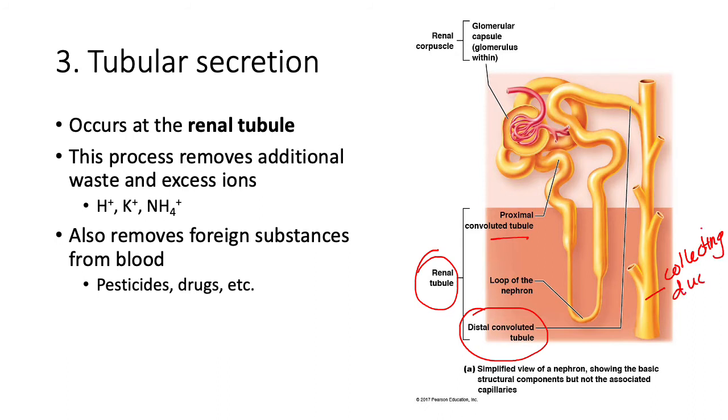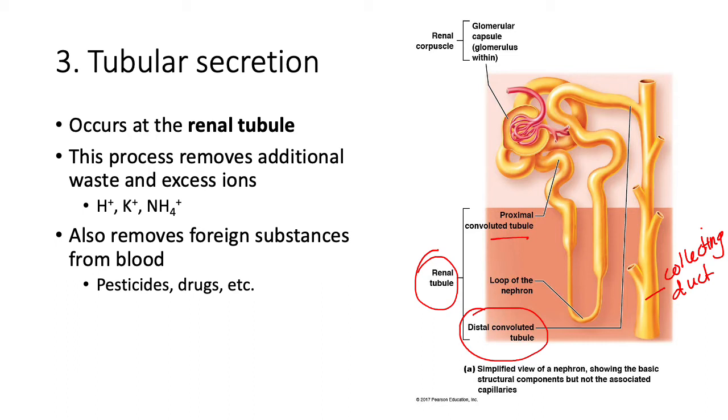So it can really happen throughout the nephron. What we are doing during tubular secretion is we are working to remove additional waste and excess ions. So ions like protons, H+, potassium, and NH4+, those things are going to be secreted into the renal tubule because those are things we want to get rid of.